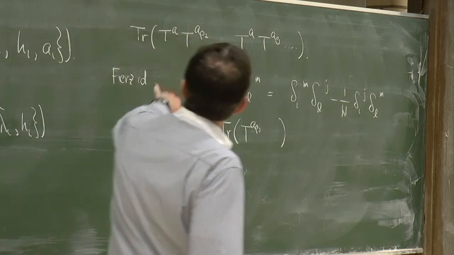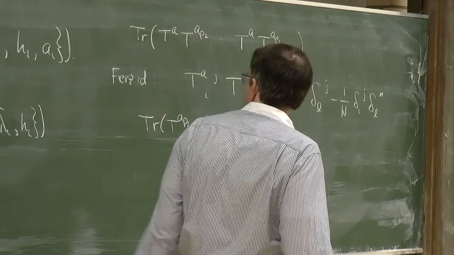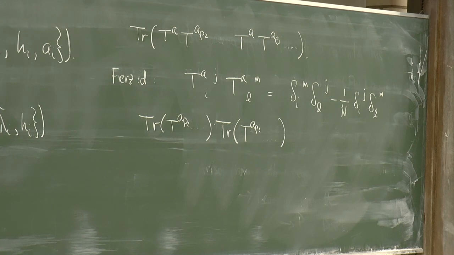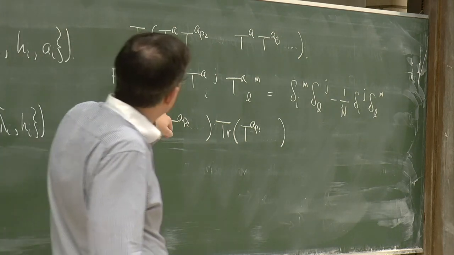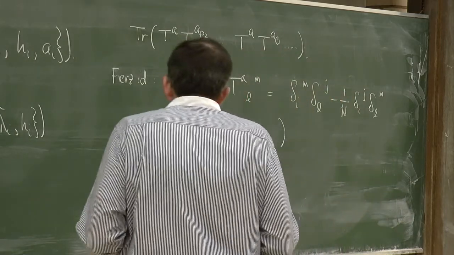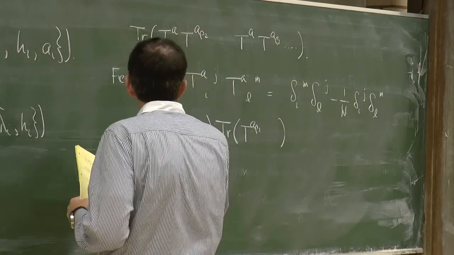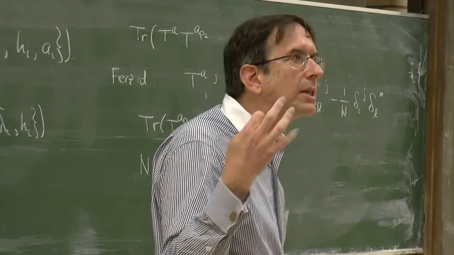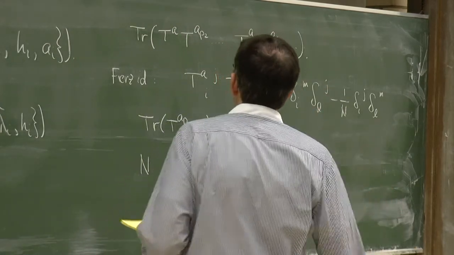And there are other terms when the T^A's are right next to each other. And of course, we know what happens then. We will get a factor of N coming out of that. So they're so-called single trace terms because one of the traces we're able to evaluate, secretly they started out as double trace terms.